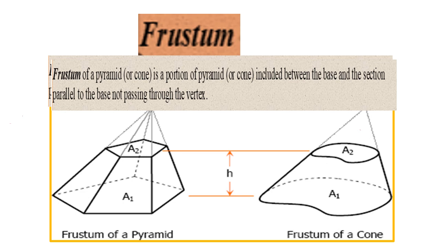E2 is the area of the upper base of the frustum, and E1 the lower area. Also for the cone, E2 the upper, and of course E1 the lower area. The distance between the bases E2 and E1 is called h, or height.